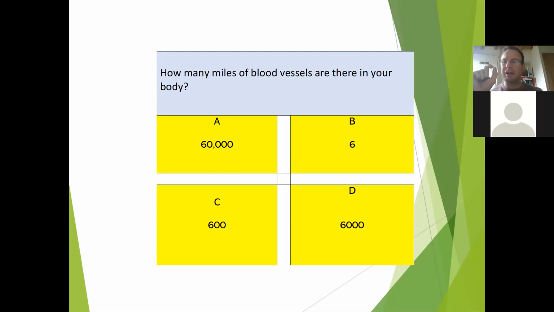There's never an area where your body cells are more than a millimeter away from a capillary or a blood vessel. So we have 60,000 miles worth of blood vessels in our body.